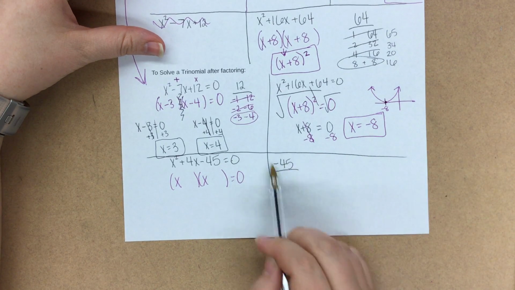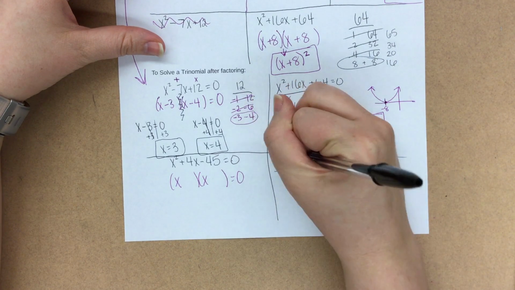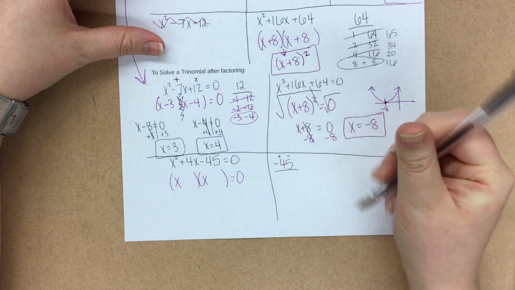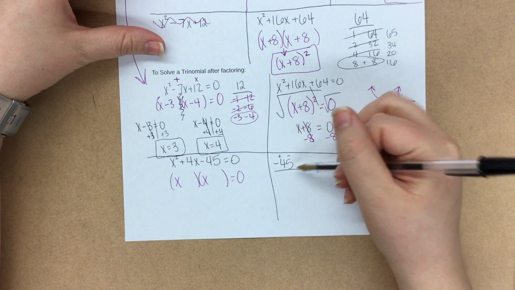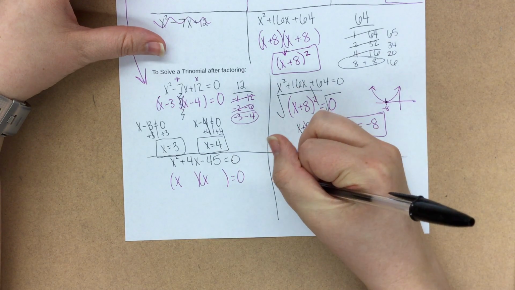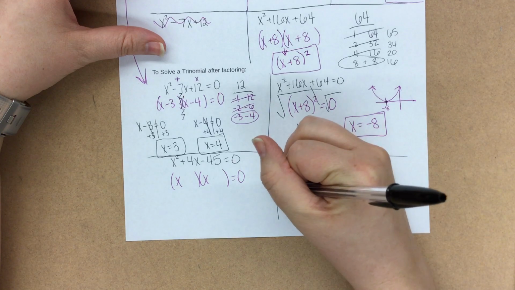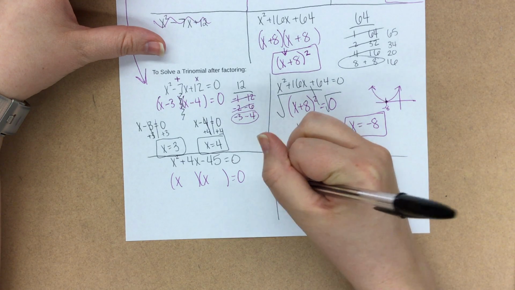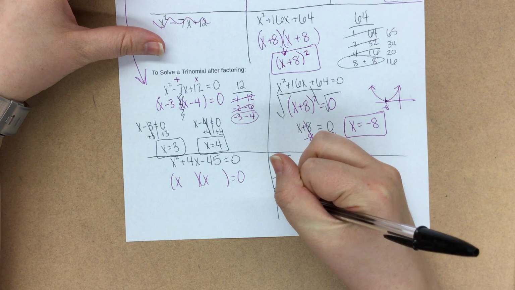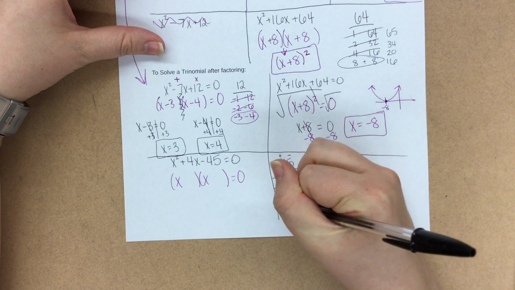Now because this is negative, I need one positive number, one negative number. So let's see, there's 1 and 45. I don't think that's going to give me a 4 anyway. 3 and 15. I'll try those. And then let's see, 9 and 5.